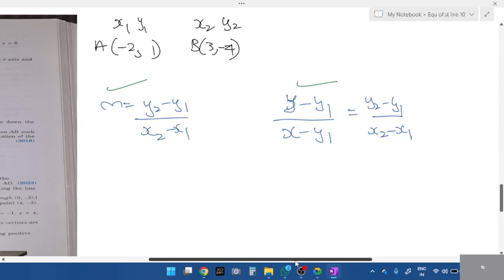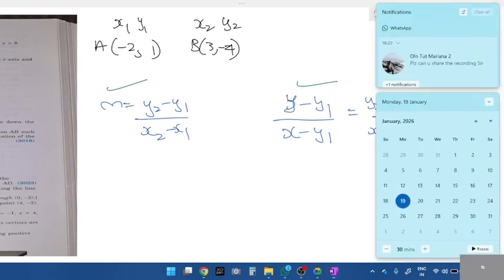Till Wednesday, I'll teach. When do you have school? When is your last working day, students? School? Till this Friday. When is your graduation? 31st. 24th.